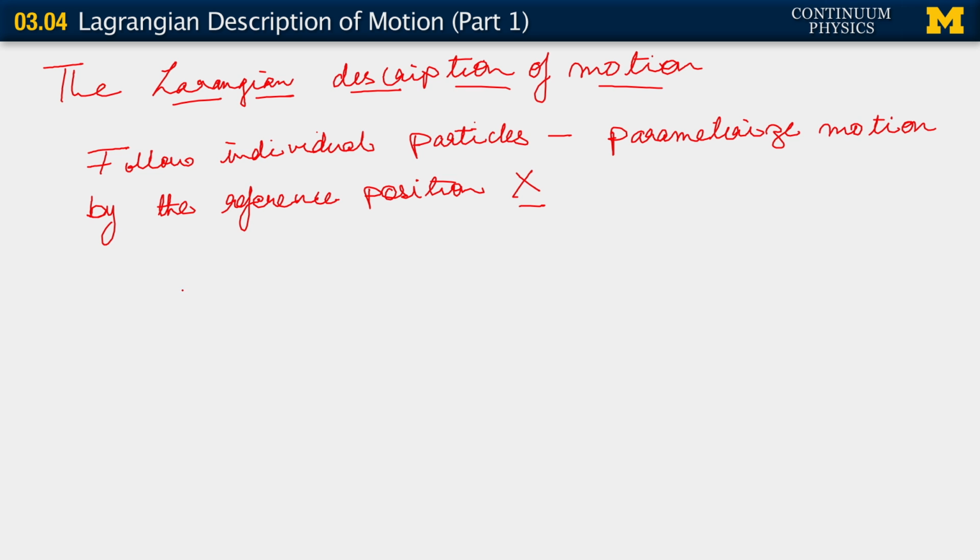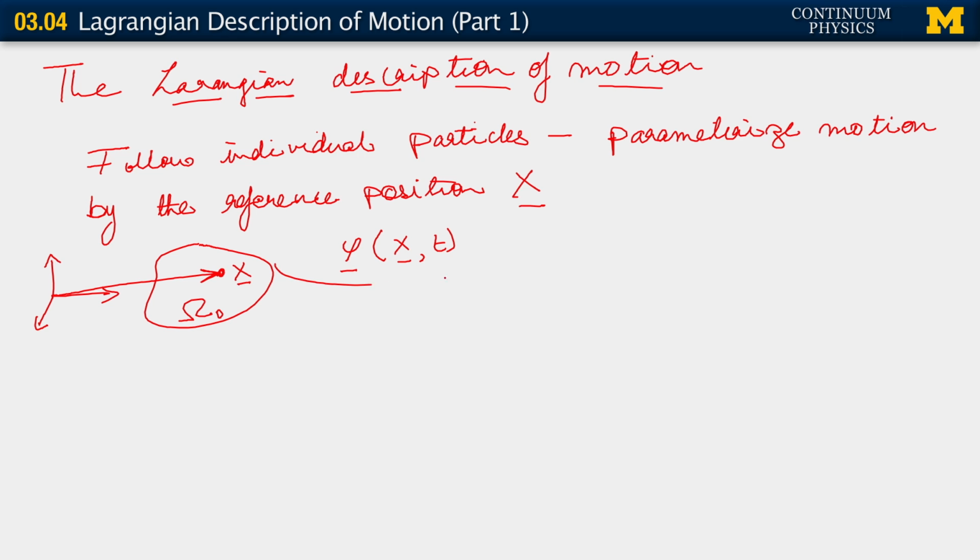Okay, so here's the picture. We have our basis, we have the reference configuration of the body, and let's suppose that this is the particle we are interested in. Or rather, that's the reference position of the particle that we are interested in. Okay, so the idea is that we already know that we have the point-to-point map that defines our motion, right?